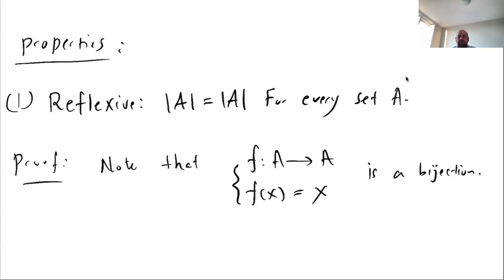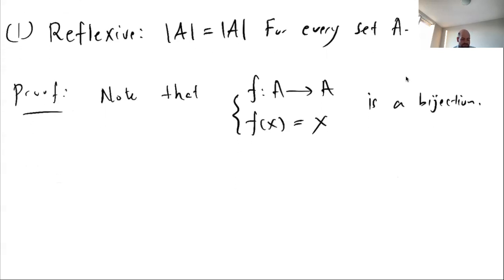Because it's one-to-one and onto, right? It's very easy. You can easily check that the identity function f of x equals x is one-to-one and also onto. And thus, cardinality A equals cardinality A.